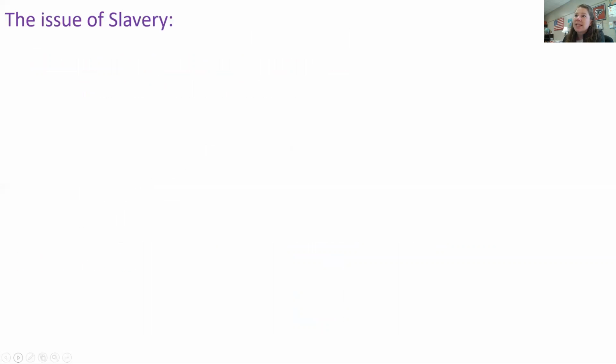So the issue of slavery. People realize that the Civil War was about slavery, but it started out more as a discussion on whether the state of Georgia should get to make a decision about issues, including the issue of slavery. South Carolina said, the federal government doesn't have the right to tell us whether we're going to have slaves, or nullification, or we can ignore these rules or tariffs.